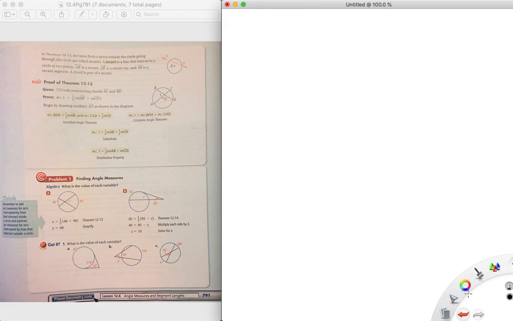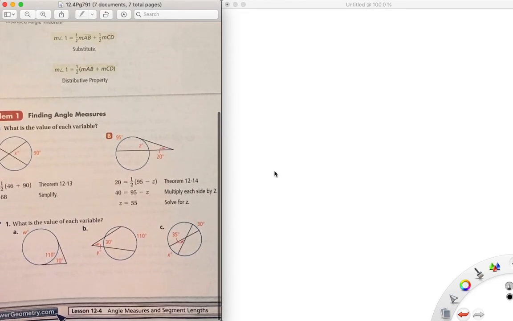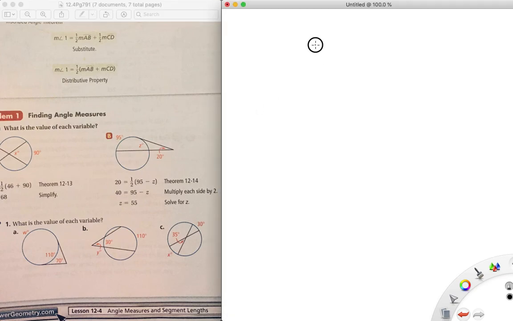Okay, so to do a few of these, math-wise isn't that bad. So we have this guy right here. I'll try to draw it as best I can. We have a tangent this way and a tangent that way. We're told that that's 70 degrees.